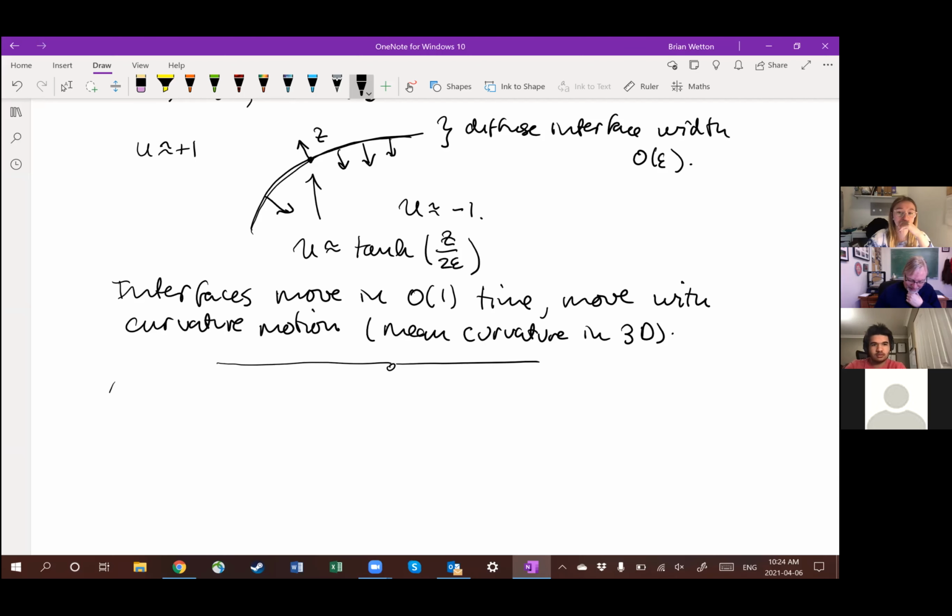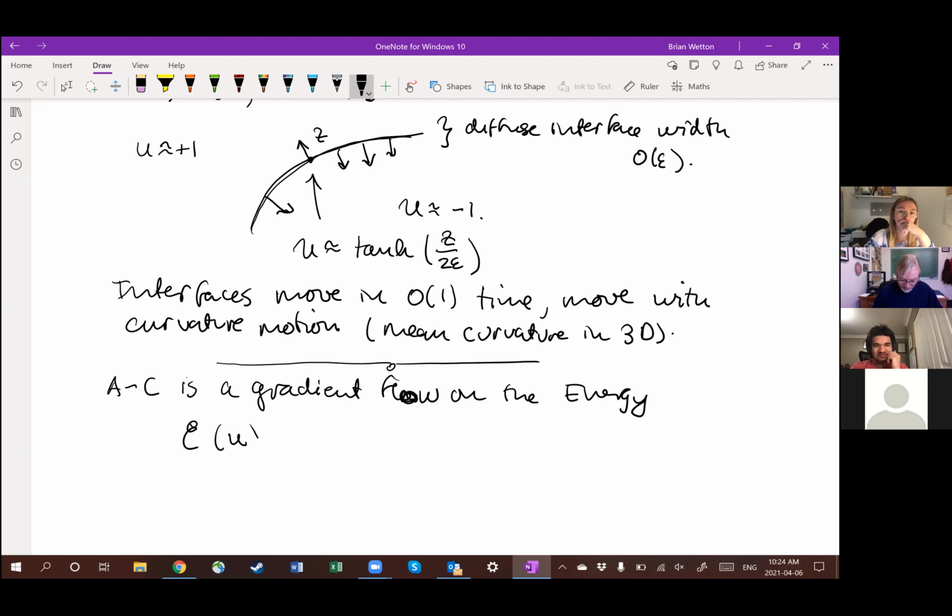So Allen-Cahn is a gradient flow on the energy, which is, right, if you give me a function u of x, then I can work out the energy associated with that thing.